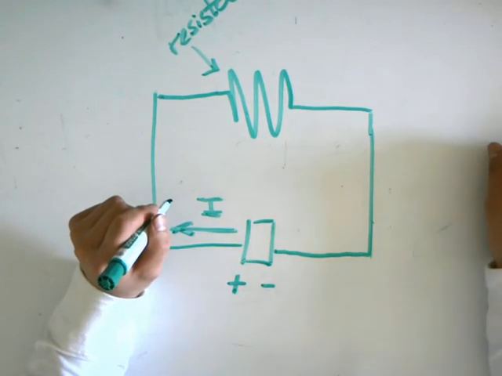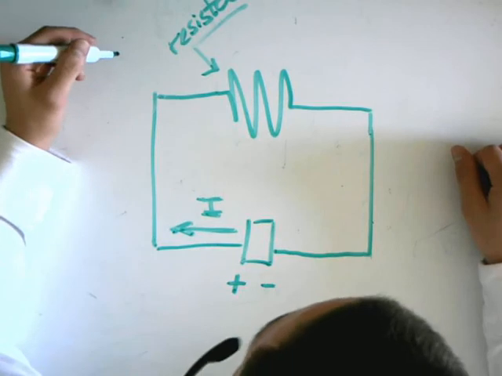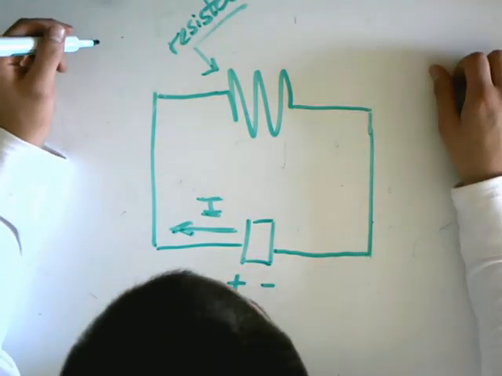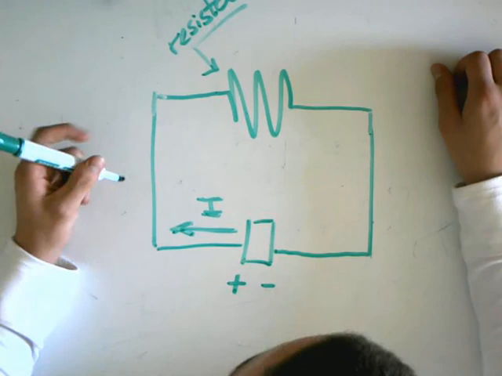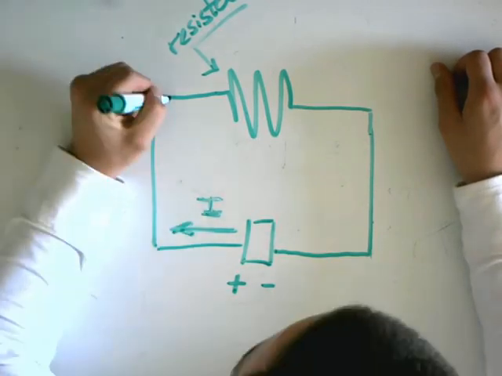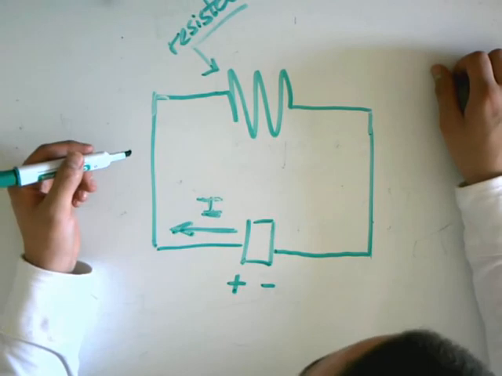Basically, what the resistor does is it impedes the charge and keeps it from going full speed. In this case, I is current, by the way. It slows down the electrons and makes them bump into each other, which I'll get back to.